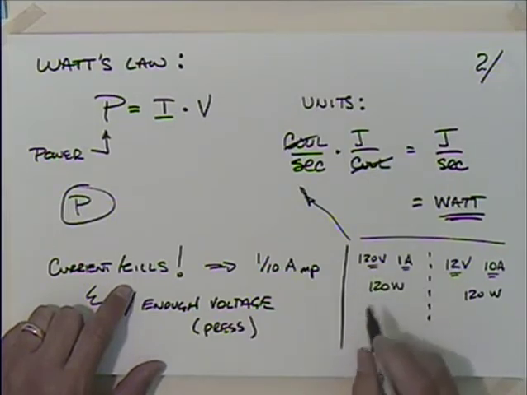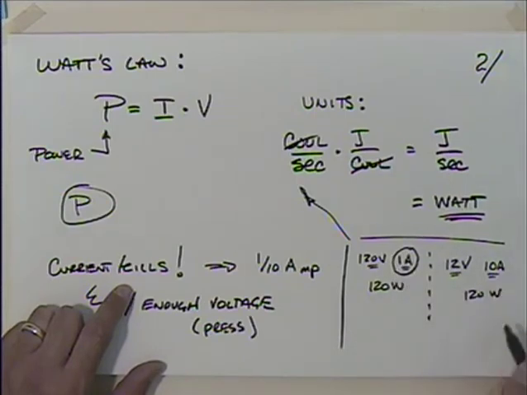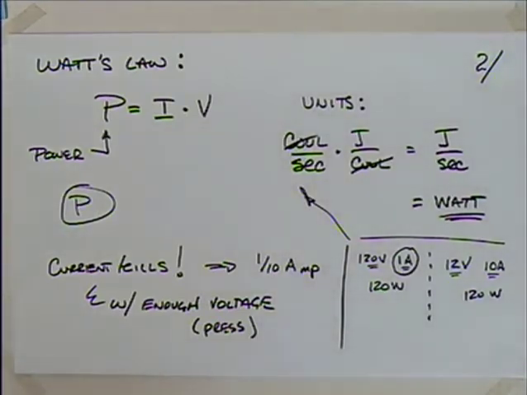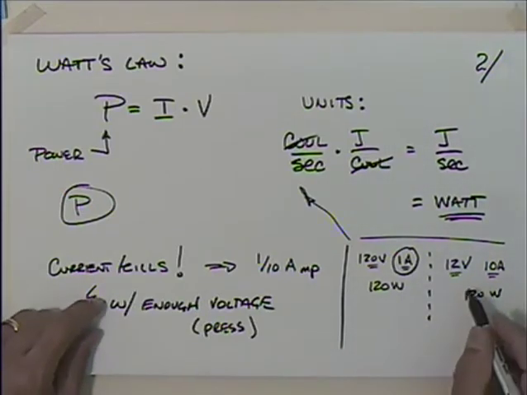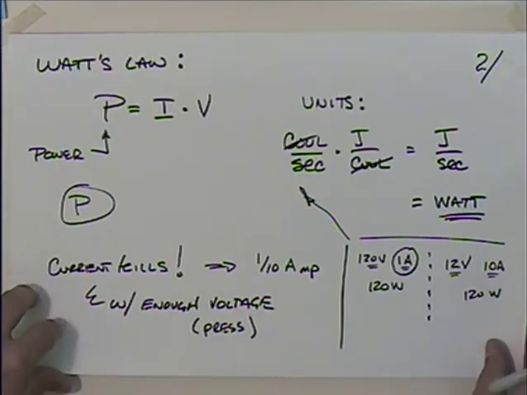The advantage there is you can get by with a much smaller wire because the current is a tenth of this. This one you're going to have a much larger wire. If you've ever compared the size of the wire, not necessarily the insulator, but the wire in an automobile versus in a house, you'll notice that for what it's doing, usually the wires are a lot larger in the automobile.